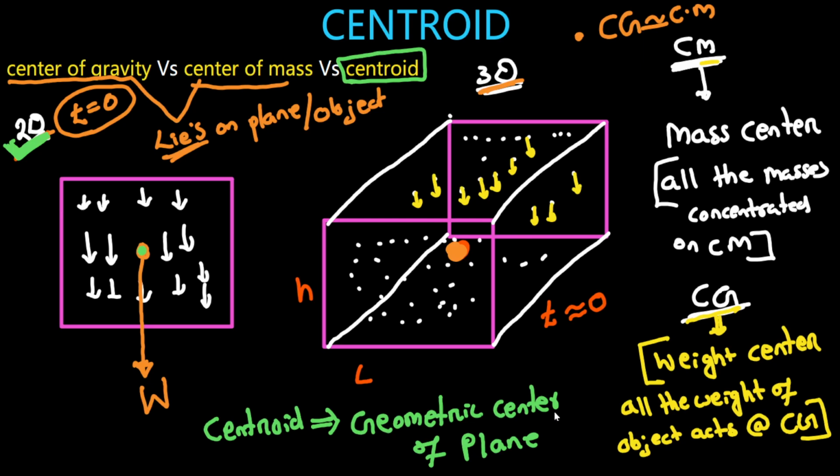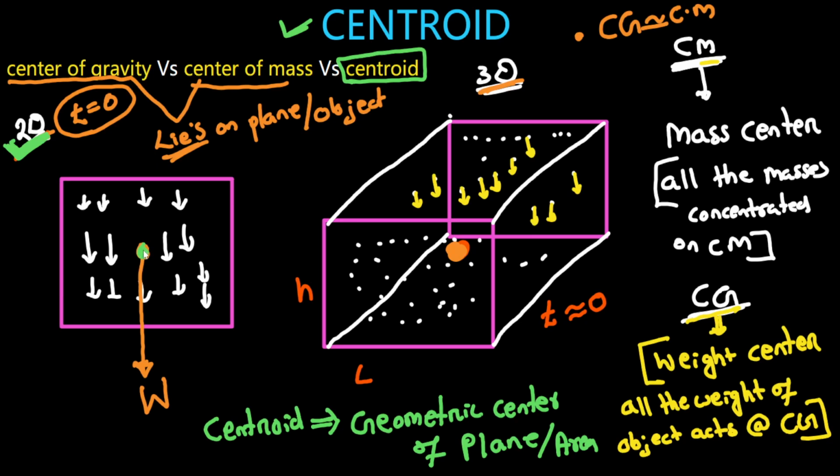So the geometric center of a plane or any area. In this topic I will be discussing how to calculate the centroid of different plane figures, like rectangle, triangle, square. Then we will talk about the circle. Whatever geometrical figures we have, we will be discussing the centroid of all of them.